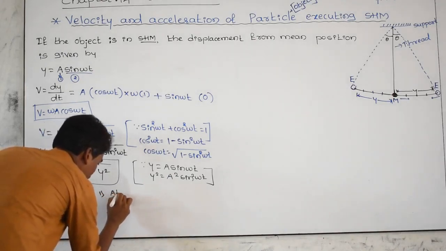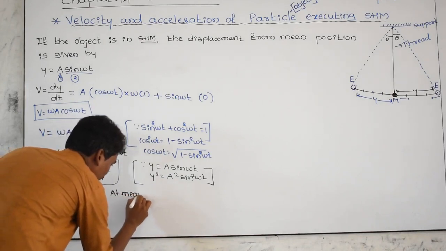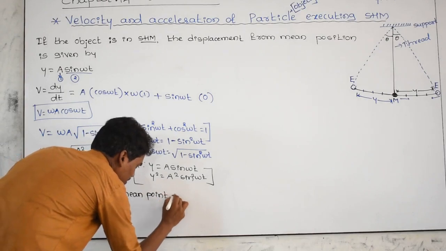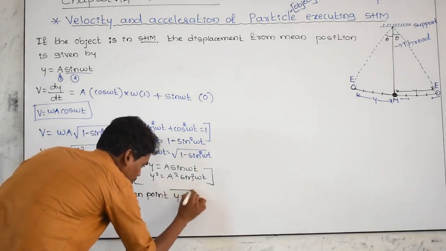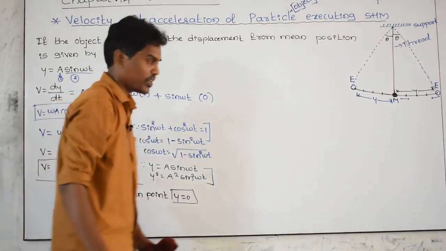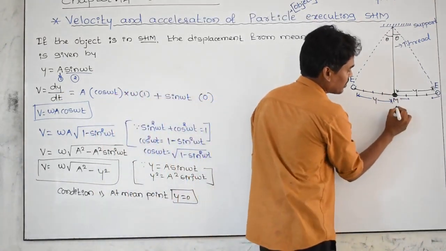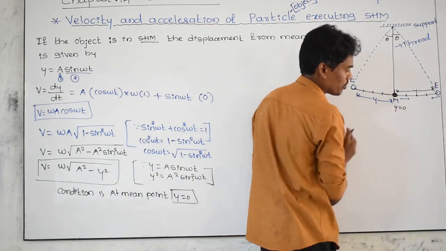at the mean point, displacement y is equal to 0. What is the mean point? This is the mean point. If the object is at this point, displacement is equal to 0.